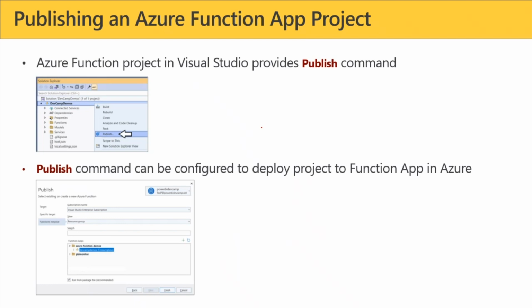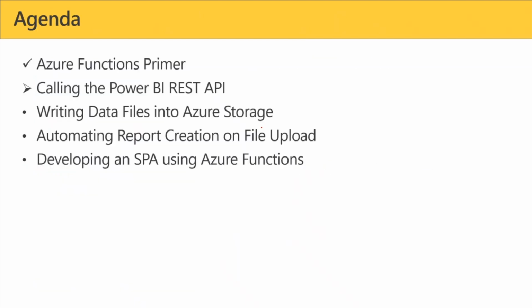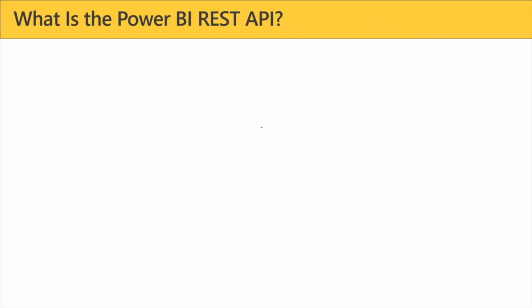You could also use a far more structured approach, where your function app gets pushed into a GitHub repo or Azure DevOps, and you can have a full CI/CD story with these as well. Okay, we're not going to get into those details, but you could be as casual and cowboy in your deployment, or very disciplined. Now, the next thing we're going to look at is calling the Power BI REST API.